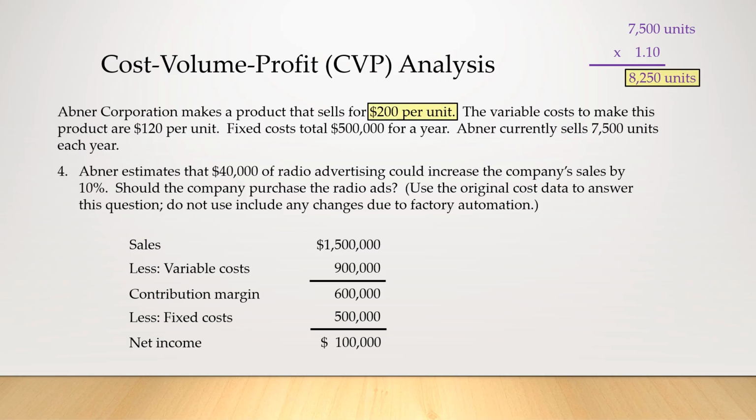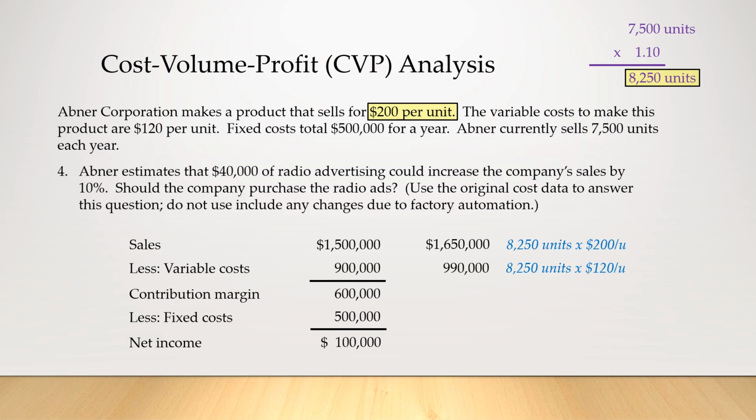This new sales volume multiplied by $200 per unit gives us a total sales revenue of $1,650,000. Variable costs will also be impacted by the additional sales. Multiply 8,250 units by $120 per unit, and we have $990,000.